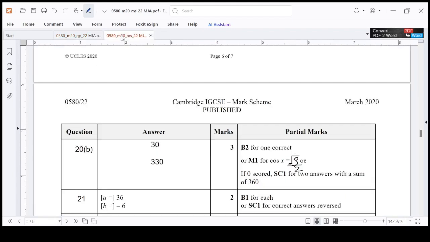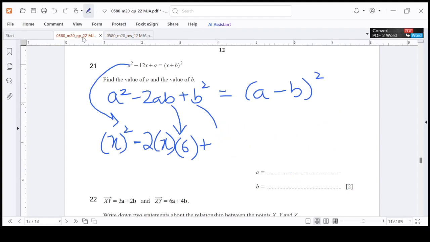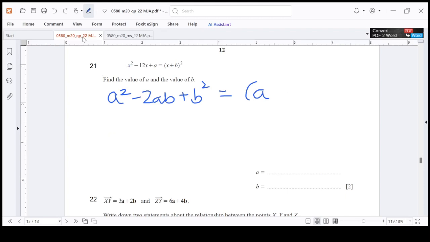So if you know the identity, then you should be able to do this quickly. However, what if you don't know this algebraic identity, a squared minus 2ab plus b squared equals a minus b whole squared? Then you'll have to use a longer approach, which is expand and compare.